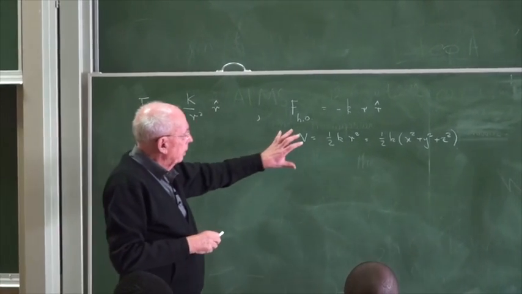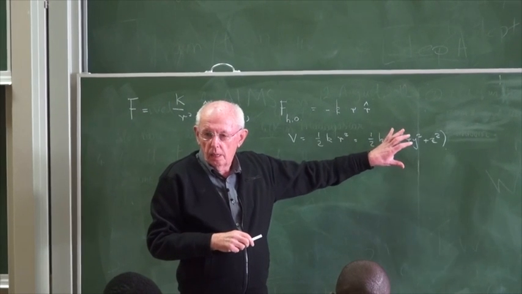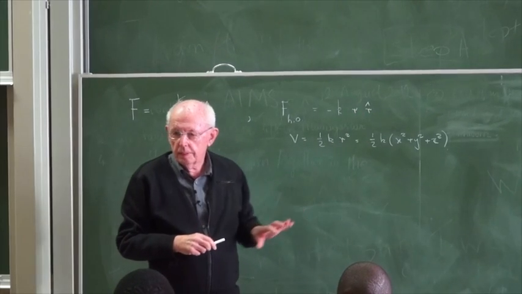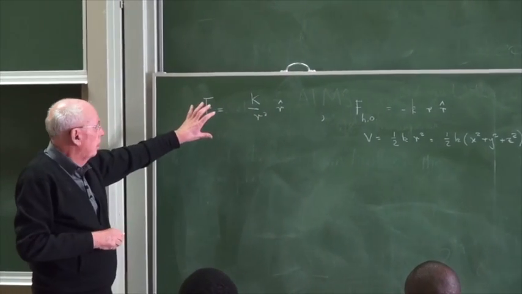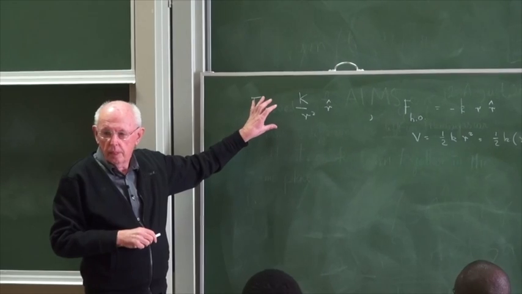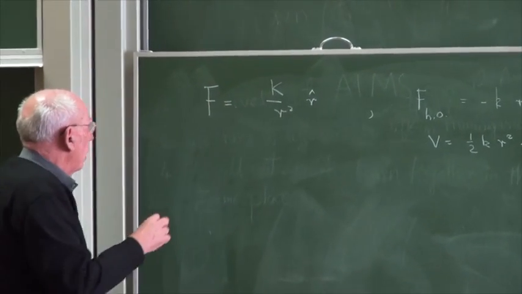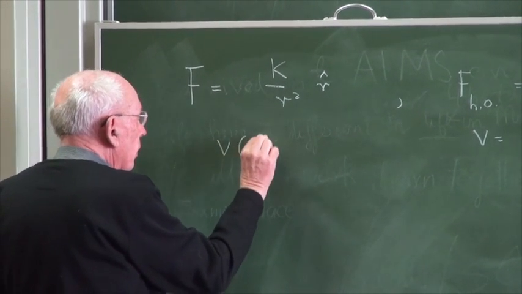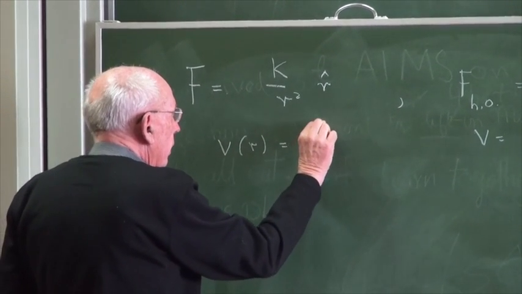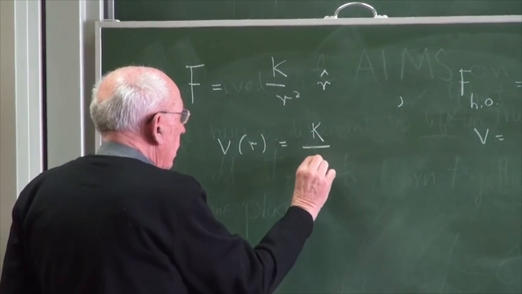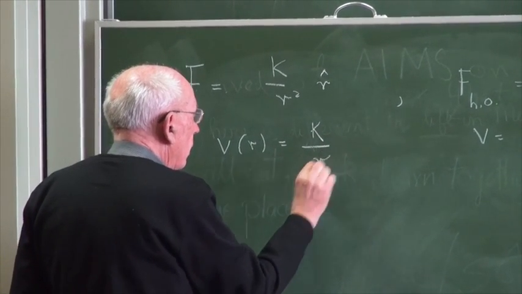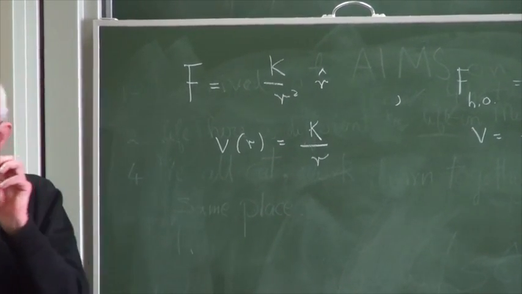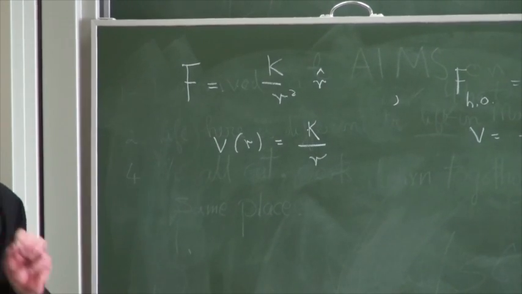And so this is also a very simple system to treat, and it's treated very often in physics. But we will look at this one, which leads to a potential V of R equal to K over R. And remember, this K is a negative quantity.